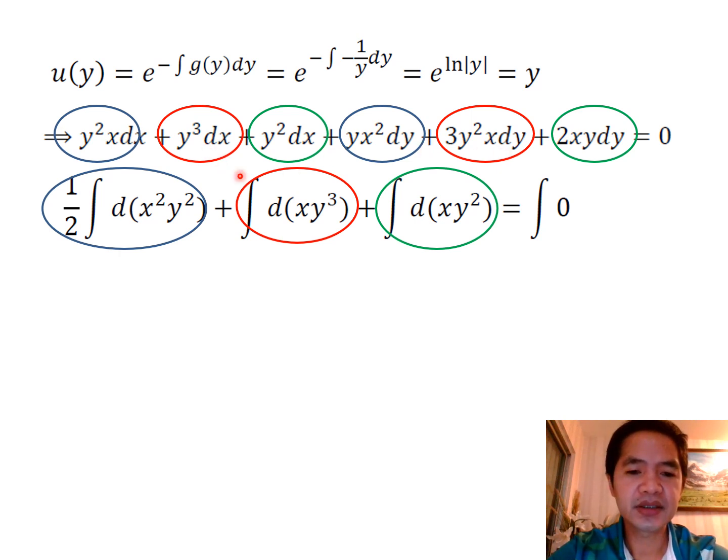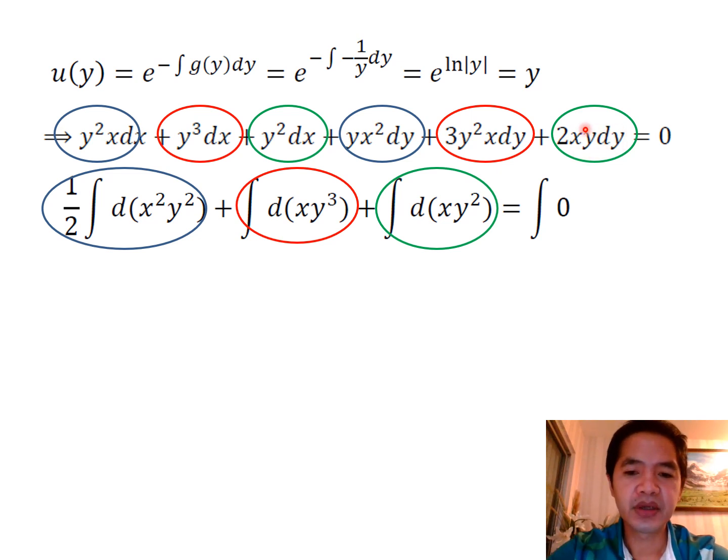The red one, y to the third dx, goes with 3 times y squared x dy, and the green one, y squared dx, goes with 2xy dy.